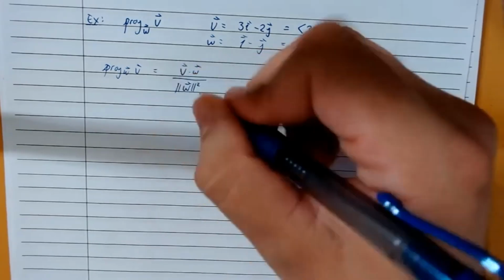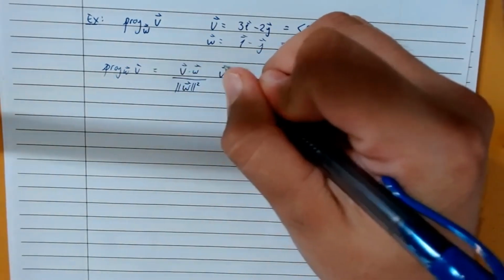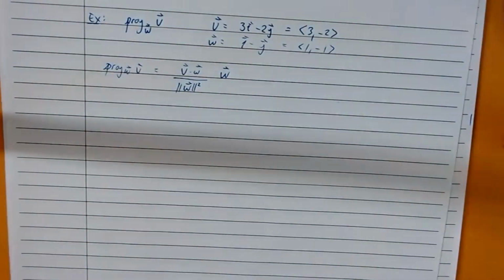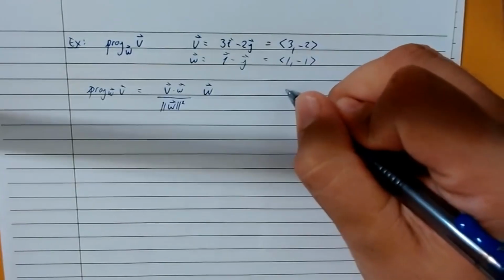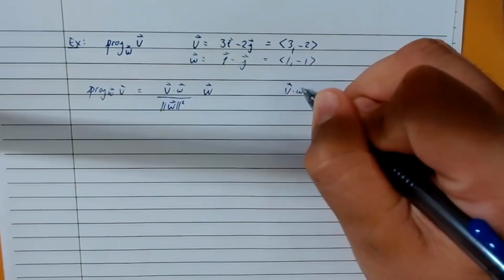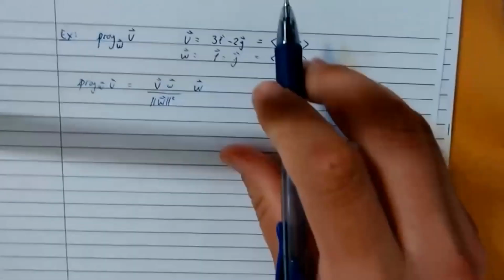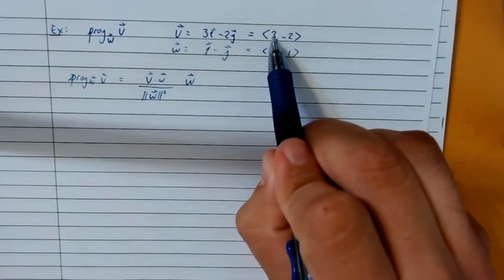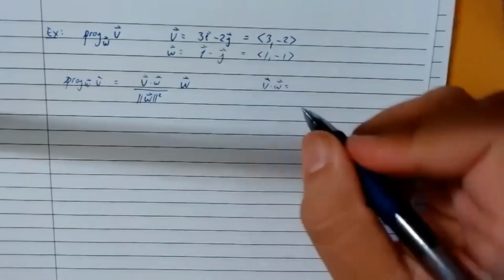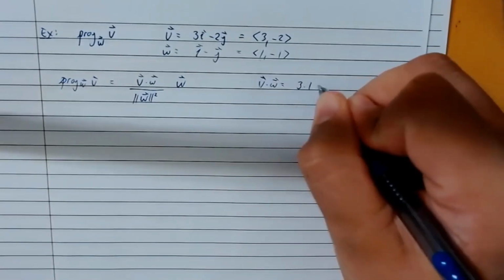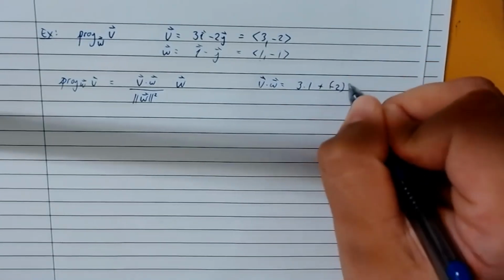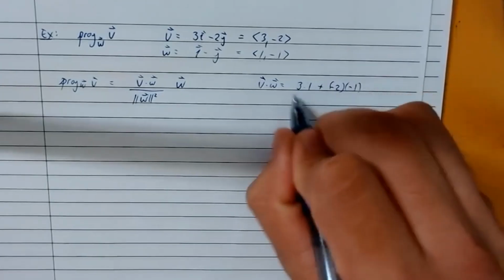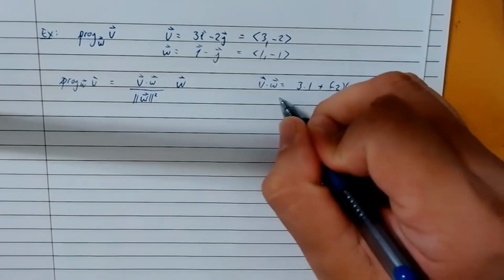That whole thing will be multiplied by the vector w, the one you're projecting onto. So now we can compute all of these and get our result. First, let's find v dot w. We take the first component times the first component, 3 times 1, plus the second component times the second component, negative 2 times negative 1. So that's 3 plus 2, which makes 5.